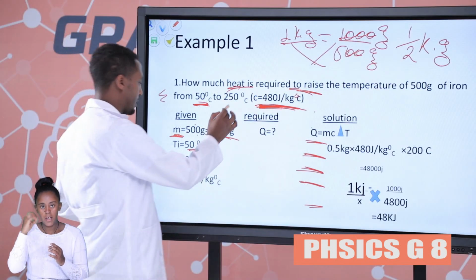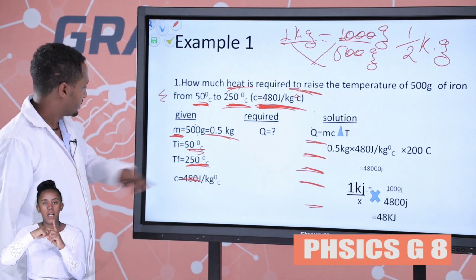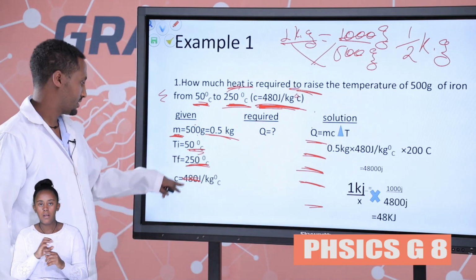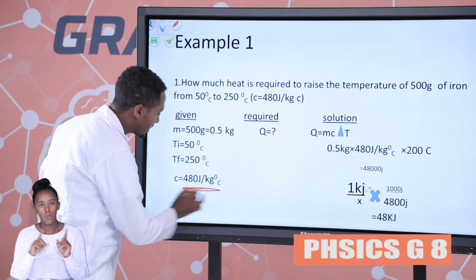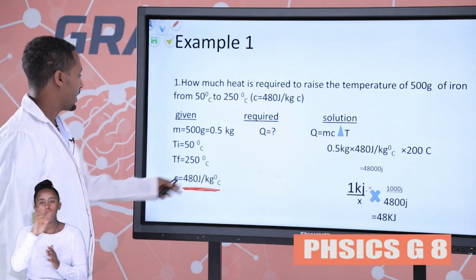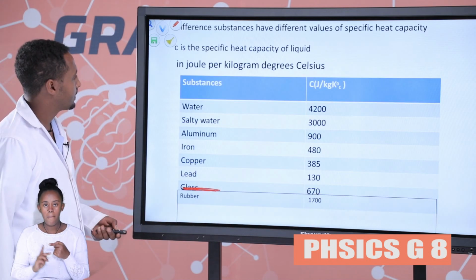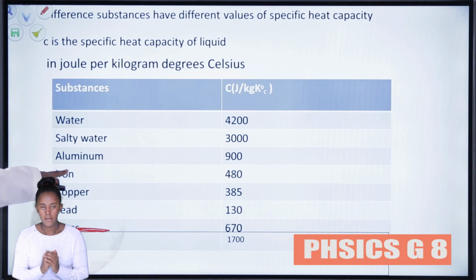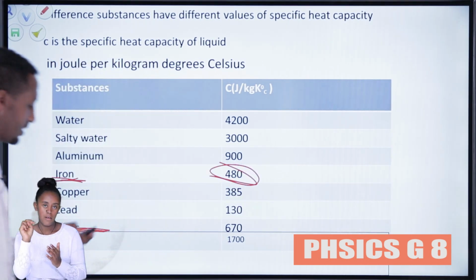Tf, the final temperature, is 250 degrees Celsius. And also C is 418 joule per kilogram degree Celsius. This is the specific heat capacity of iron.